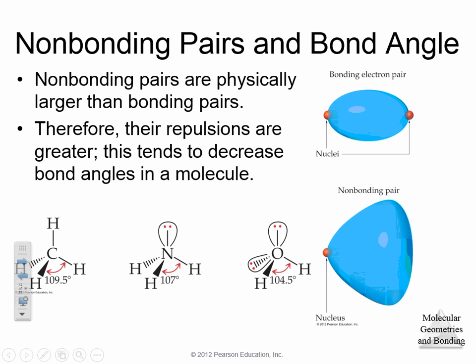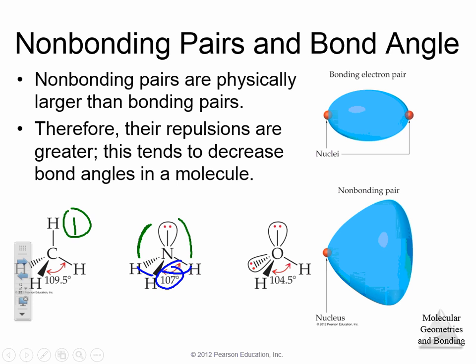You can see in the first example here, there are no married couples and the bond angle is 109.5. We throw in one married couple, and the repulsion becomes greater, which squeezes these two bonds together, which closes that angle to 107.